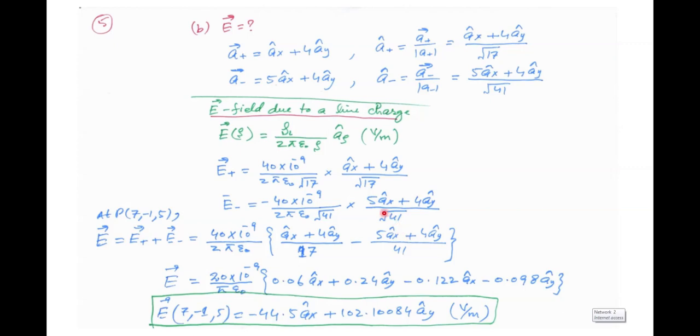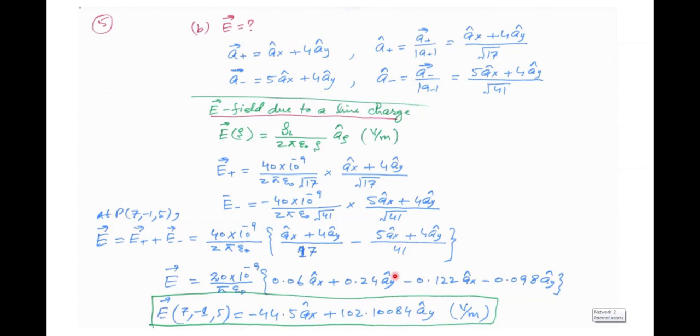But actually in evaluating the electric field, the magnitudes of the vector a plus and a minus multiply with each other in the denominator, so that's why the square root is removed, that is 17 and 41.